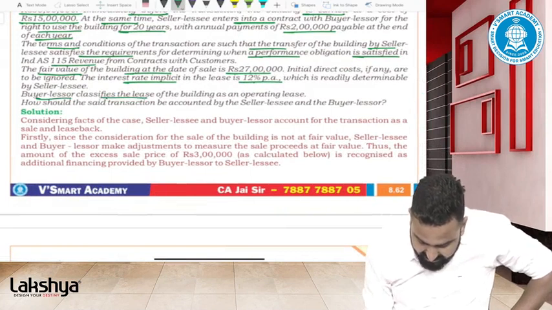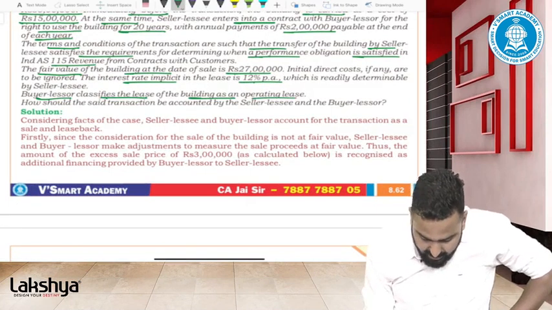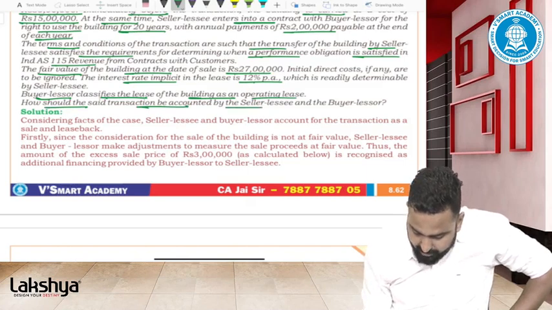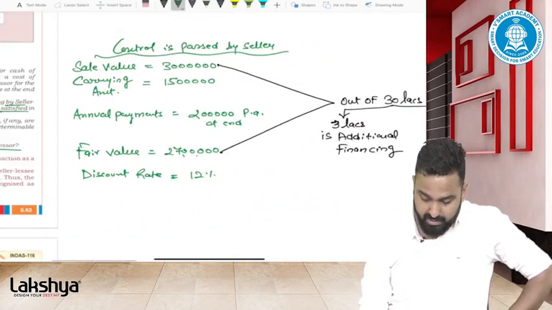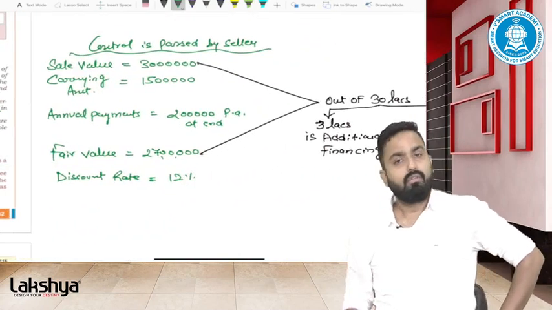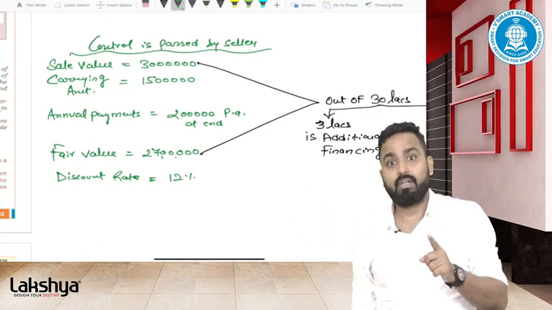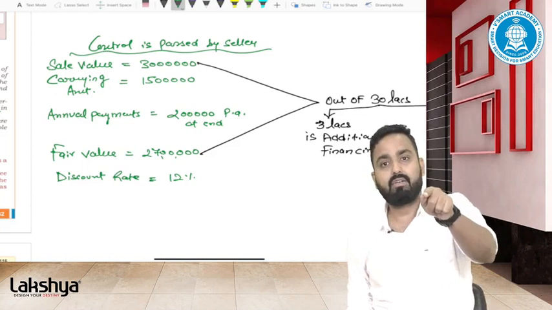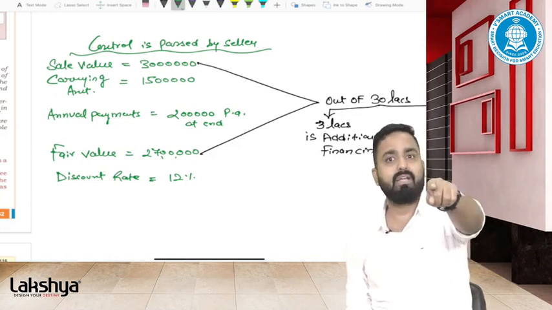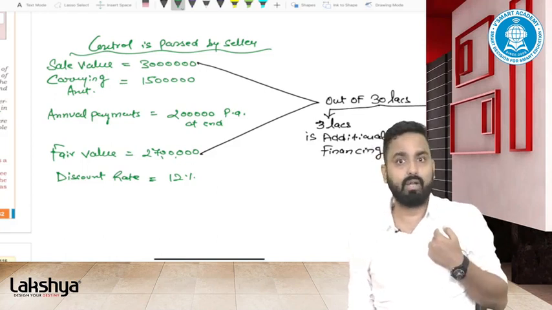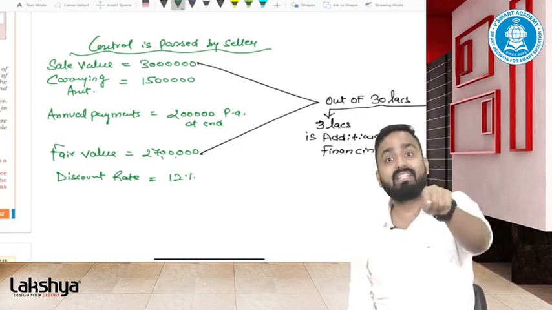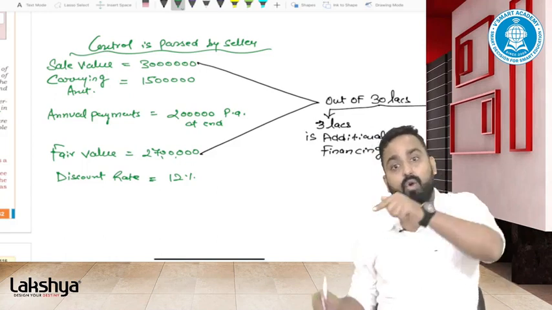Buyer lessor classifies the lease of the building as an operating lease. How should the said transaction be accounted for by seller lessee and buyer lessor? Now, we'll solve this question together, don't worry. But your responsibility will be higher, mine will be lower. I will ask you each and every step, what to do now.